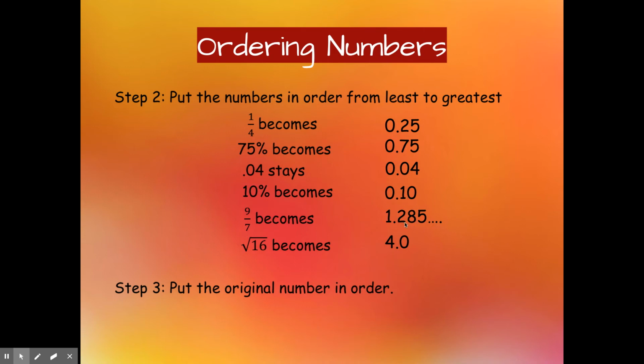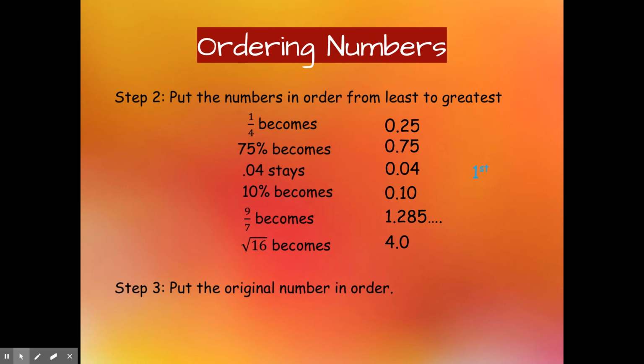Here I'm moving up. I've got over $1. I've got $1.285, or $1.29 if I round up. And here I've got 4 whole dollars, or 4.0. So I want my smallest number first. My smallest amount of money was this 4 cents, so this 0.04. I'm going to put a first next to that, because that's the number I'm going to put first when I order these numbers.